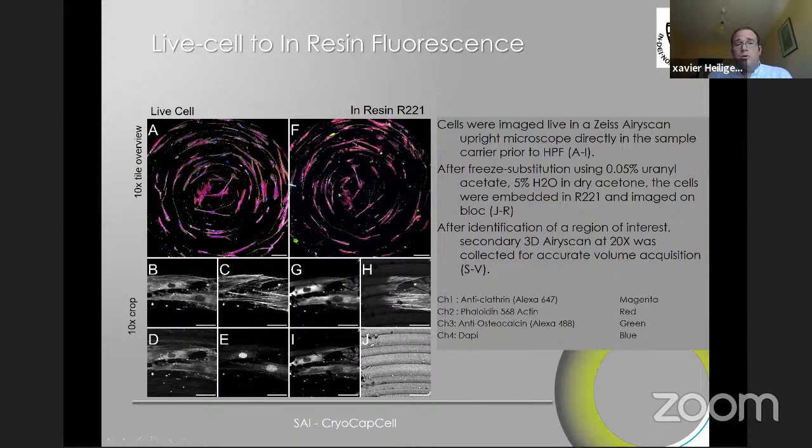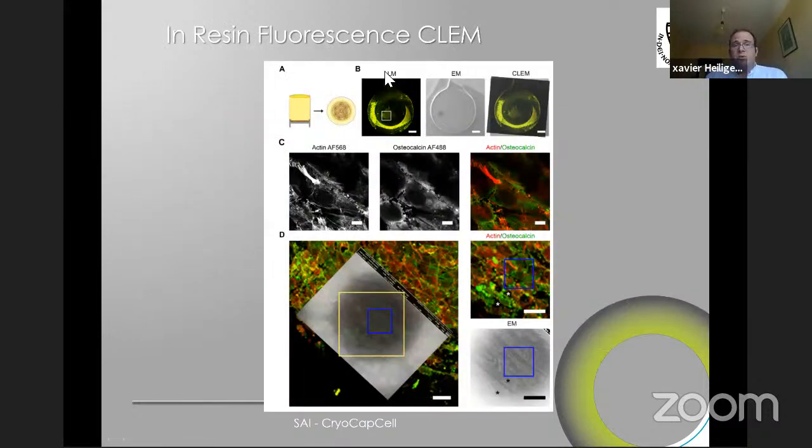Or you can do something where you just focus on the in-resin fluorescence to do your light microscopy. Here in that case, the samples were high pressure frozen, freeze-substituted into the R221. And then we did the imaging directly on the block face. As you can see here, this is the light microscopy. This is the EM. This is the overlay of the two images.